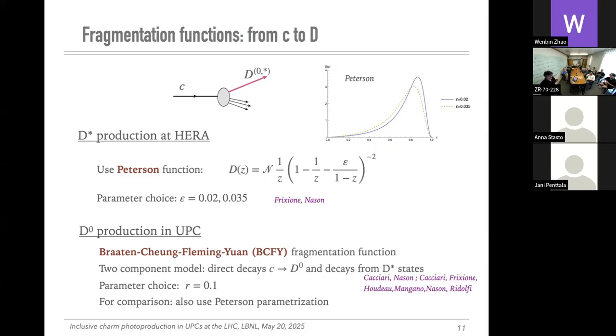For the D0, I also use the Peterson, but I mainly use this BCFY fragmentation function. In these works, they put a two-component model because for the D0, a lot of decays come from D star, but there are also direct transitions. So we use mainly this, with this parameter choice.